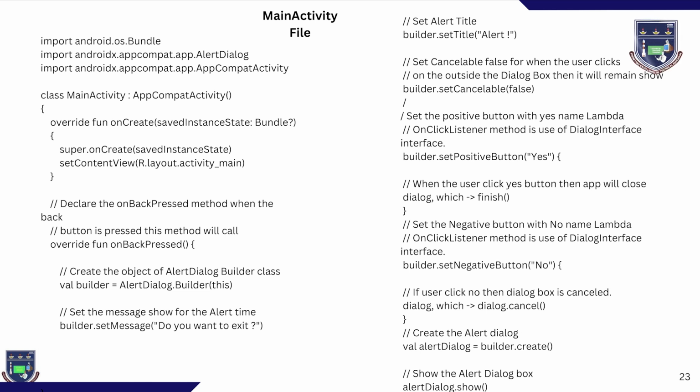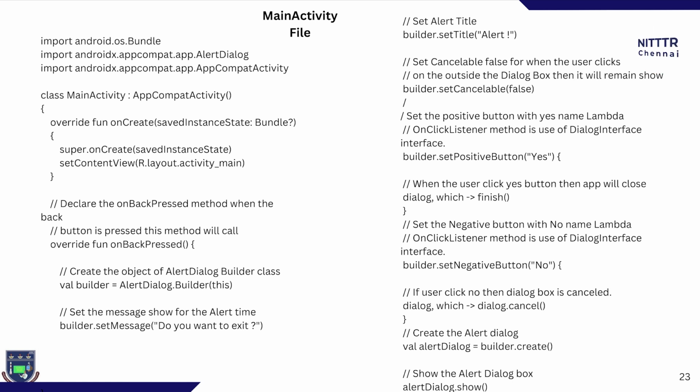Then we add the buttons. setPositiveButton will close the application by calling the finish method. Then setNegativeButton represents the no, and it cancels the dialog without closing the application.